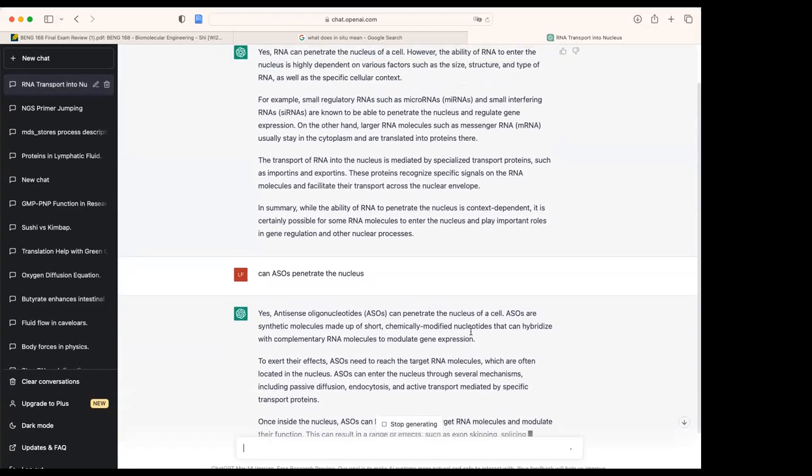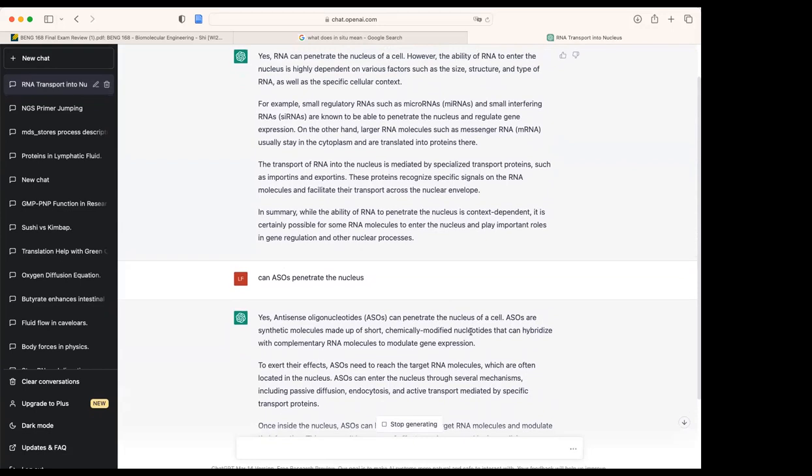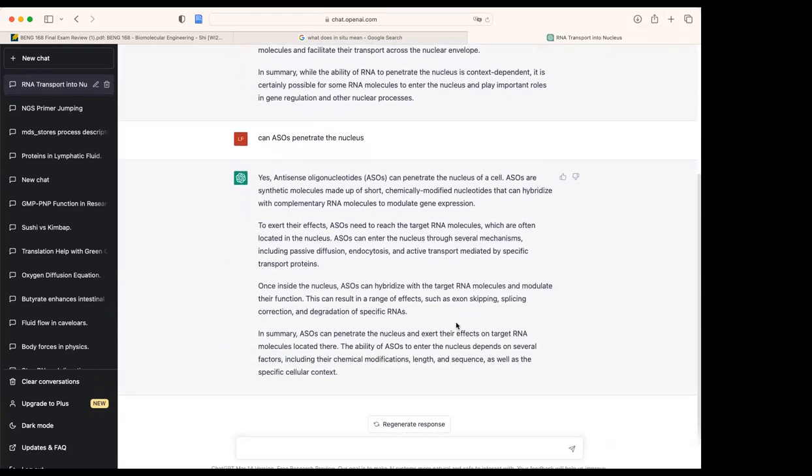But if it's blocking, then it's not going to be able to get in in the first place. You said something about modifying the RNA so that it doesn't go into the nucleus, but the reason I said it's the opposite is that you probably need to modify the RNA so that it can get into the nucleus, because typically we don't see RNA going into the nucleus.